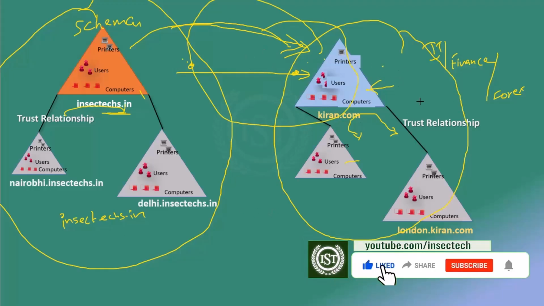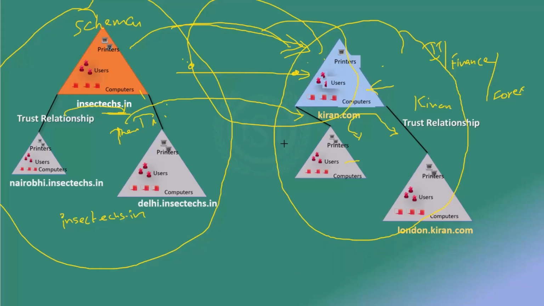Now these are different employees of Kiran company and these are the different employees of INSECTECHS company. Since INSECTECHS purchased it, employees from INSECTECHS would have to move here and work for INSECTECHS at Kiran's company location. But is there a facility so that an employee from an INSECTECHS office can work or access Kiran's office network resources, files, folders, etc. without moving?